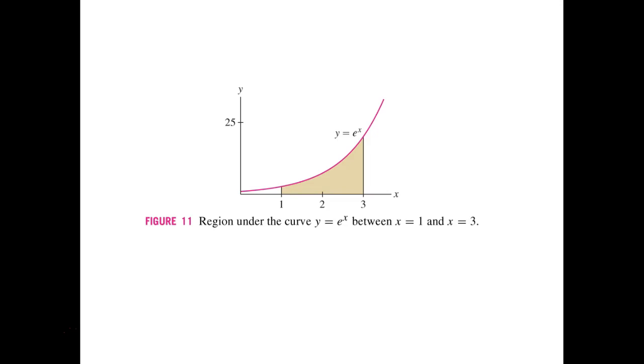It's y equal to e to the x from 1 to 3. The centroid does not depend on the delta, so we can set delta equal to 1 or just forget about it, and apply the equations without the delta in it.